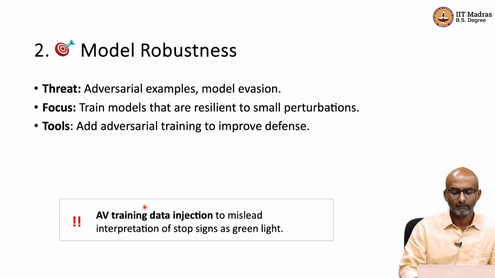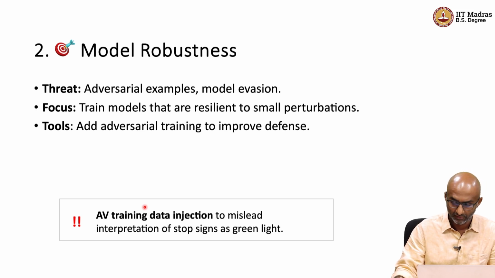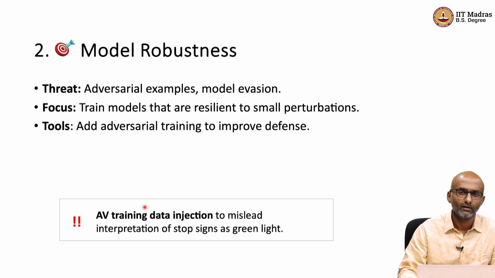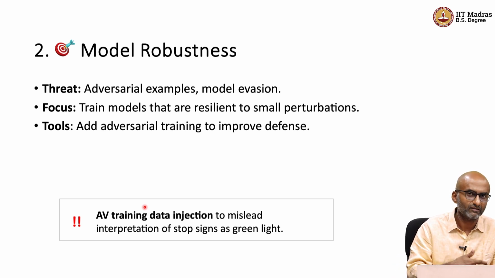So the autonomous vehicle example that we saw, where they trained the model to produce negative examples or adversarial examples, such that it starts interpreting the stop signs as a green signal or as a speed limit signal. That data injection can be avoided by having some of that injection happen at the point of training itself, so that you know how to deal with such examples.